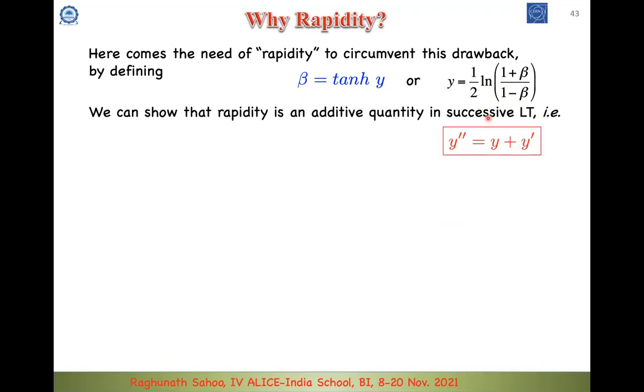Since in this lecture I'm a little faster with my official engagements, let me quickly show a few things. So y double prime will be your original y plus y prime. Here it might happen that y or y prime can be the rapidity of the center of mass.